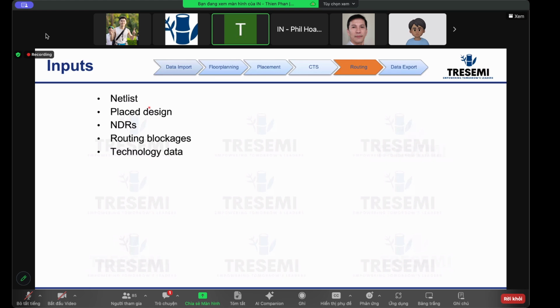And obviously, to this point, it's more like technology data, but we don't actually go in and put additional technology data here. That's part of the data import, right? So if we prepare our data correctly, we don't have to do it here.